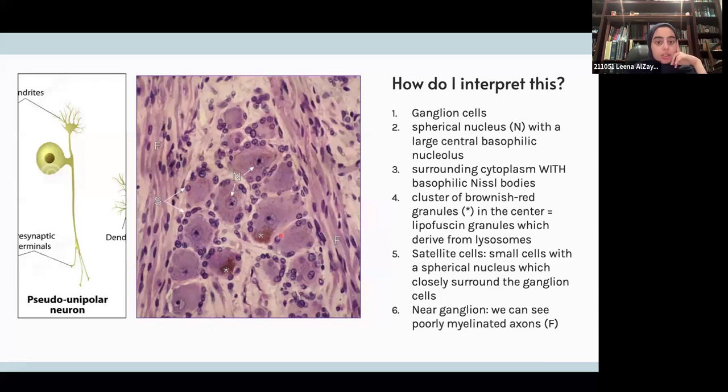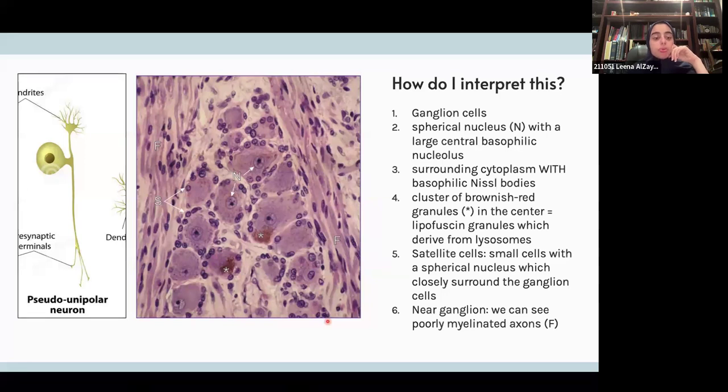So you have lysosomes in the cell body, and these brown red granules are actually indicative of lipofuscin granules from lysosomes. Then you have the satellite cells, which are small cells that are basically supporting neuronal cells. And these are the things around all these cell bodies around the pseudounipolar.